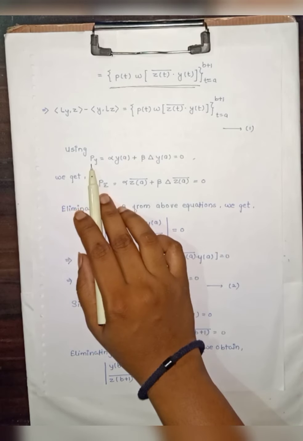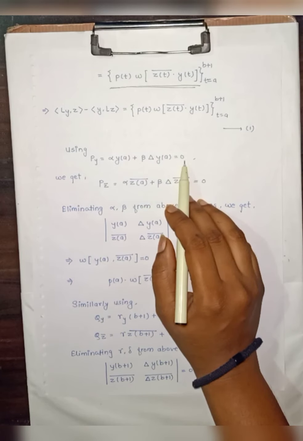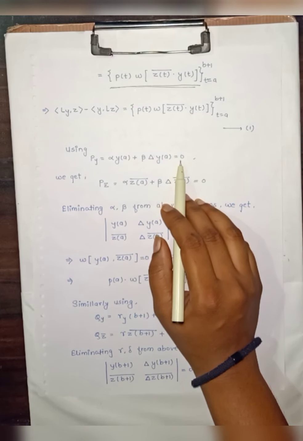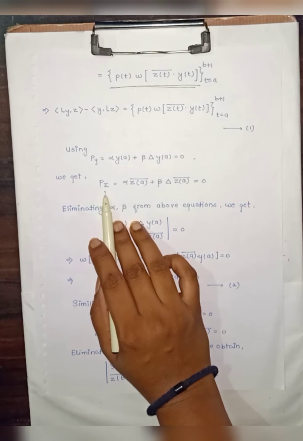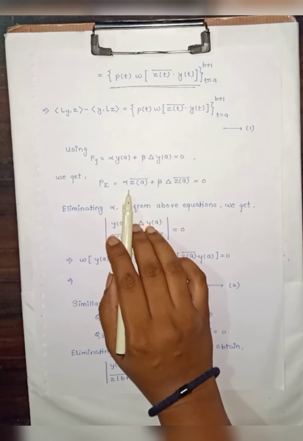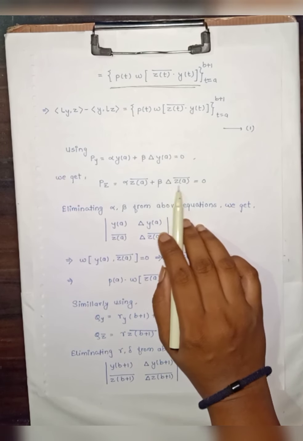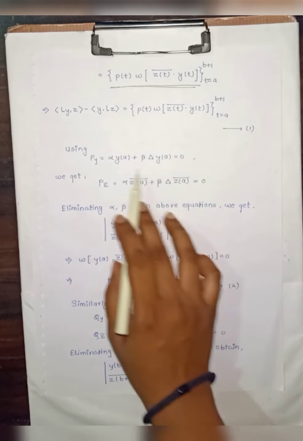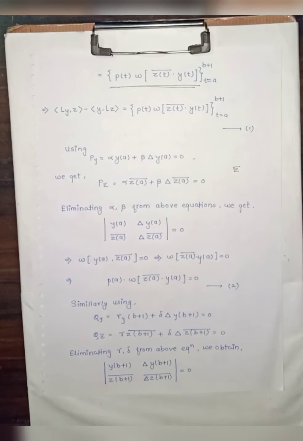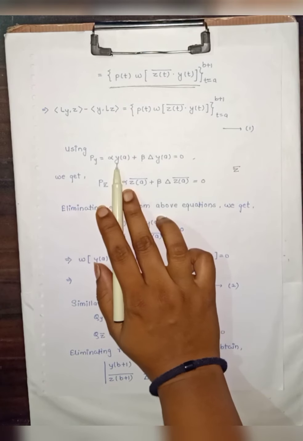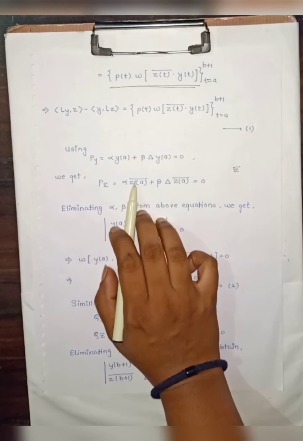So using py equals alpha y of a plus beta delta y of a equals 0, in the place of y we have taken z conjugate. So wherever we have y of a, we will take z of a conjugate: p z conjugate equals alpha of z of a conjugate plus beta of delta of z of a conjugate.